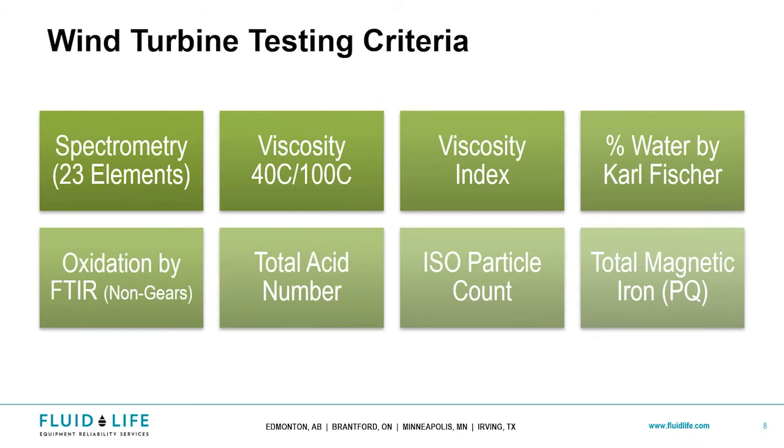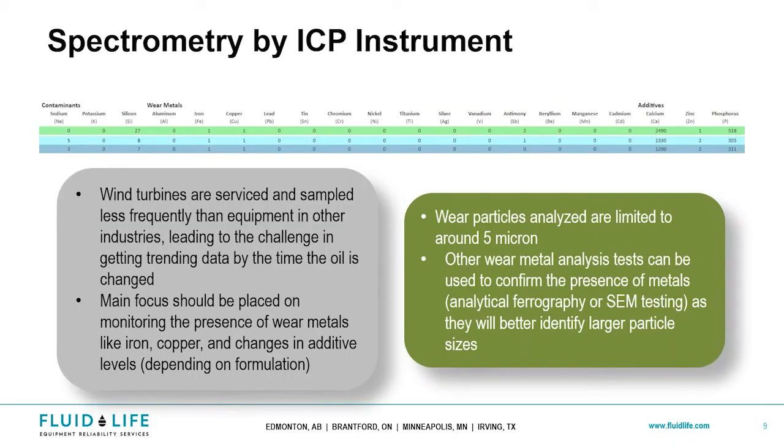The next one's viscosity and viscosity index. The other tests would be water percentage by Karl Fischer test, oxidation by FTIR instrumentation in hydraulics, total acid number, ISO particle count, and total magnetic iron, or the equivalent of what other labs would use as PQ testing.